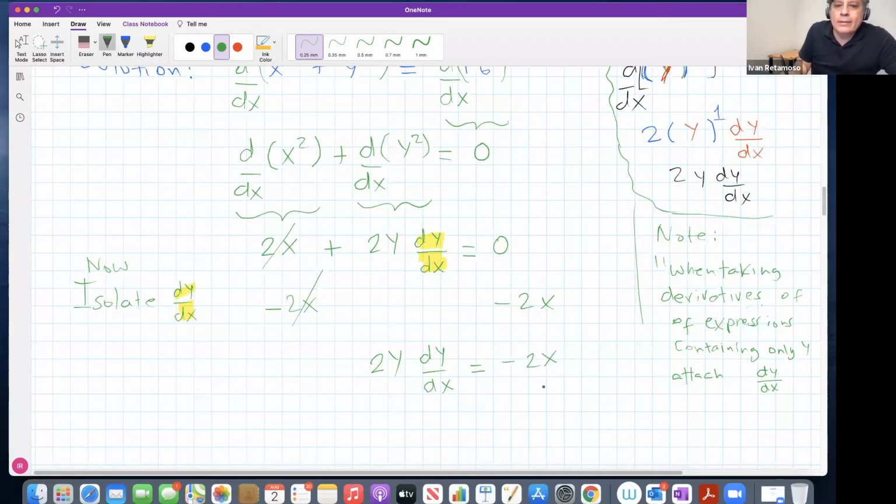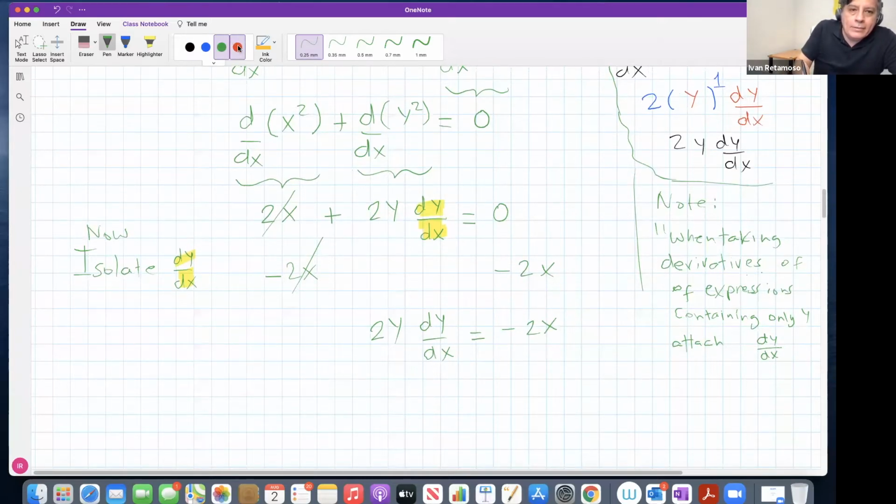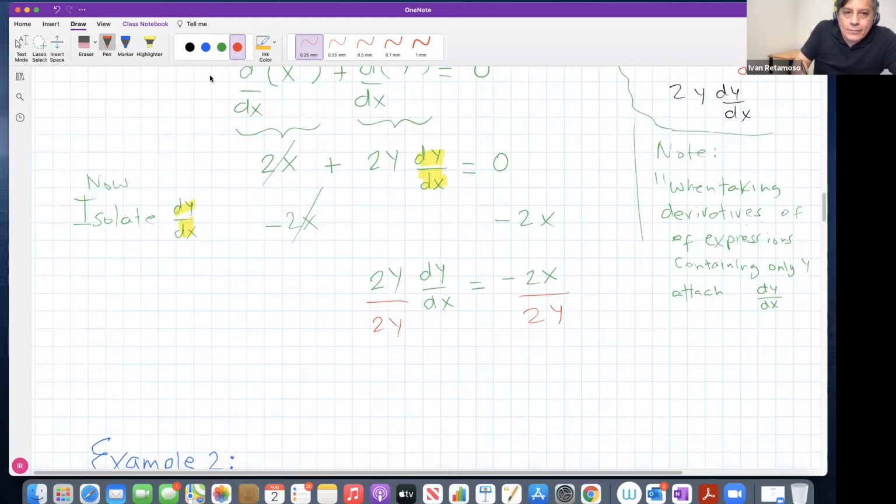Minus 2x plus 0 is just this. And finally, guys, divide both sides of this equation by 2y, right? To isolate this completely. So final answer, dy dx will be equal to, simplifying 2 and 2, minus x over y, right?